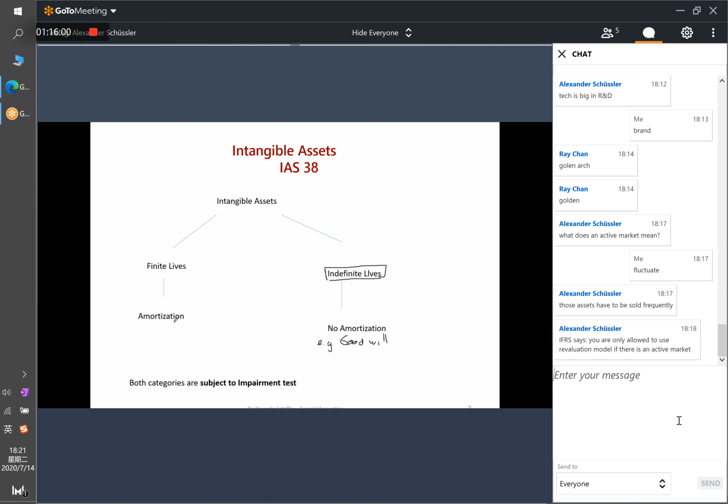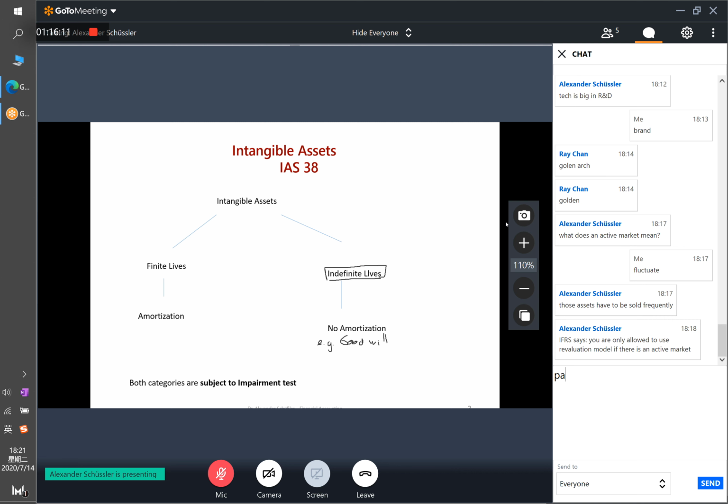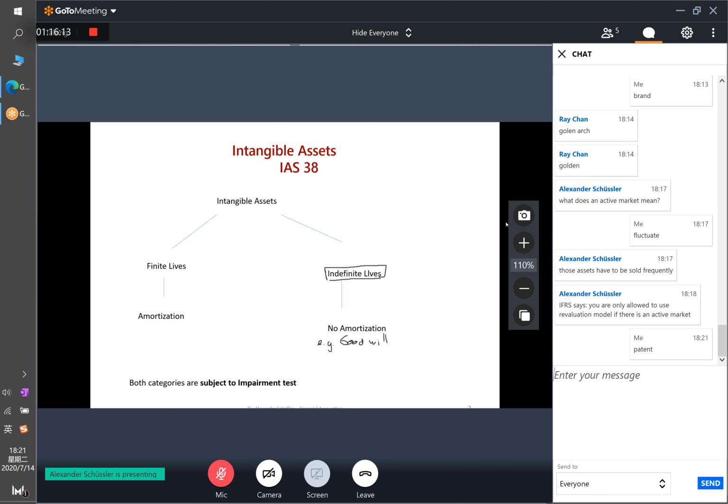Do you have an example for an asset with a finite life? A patent, exactly.